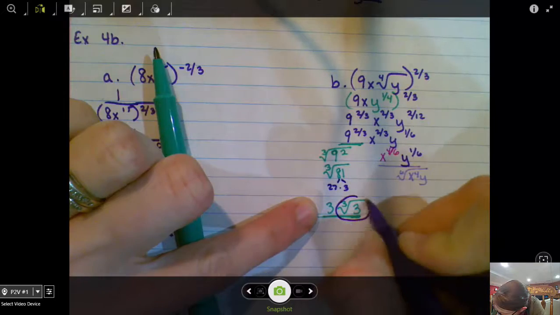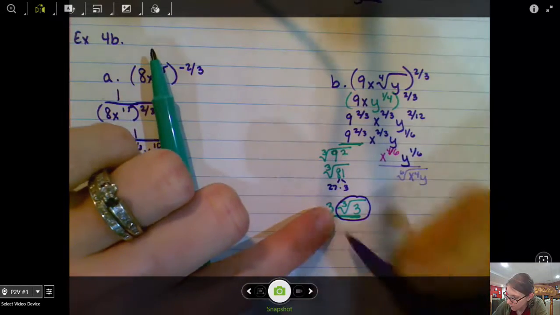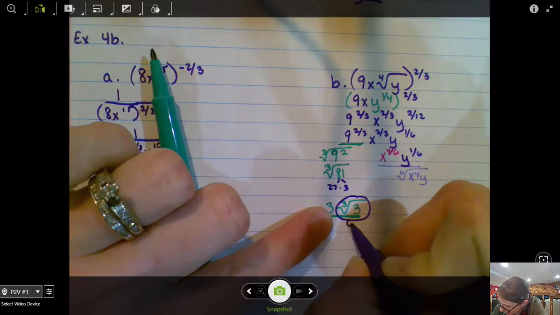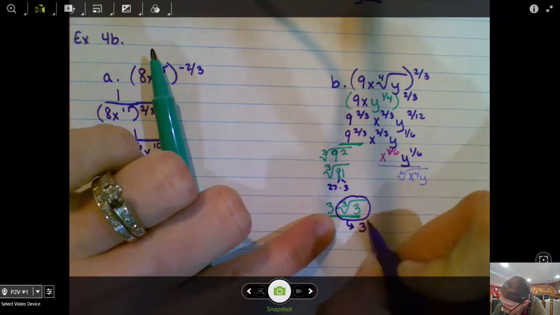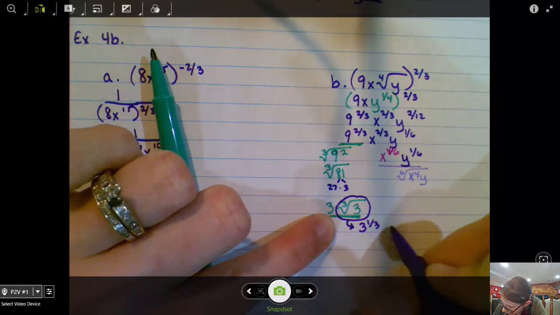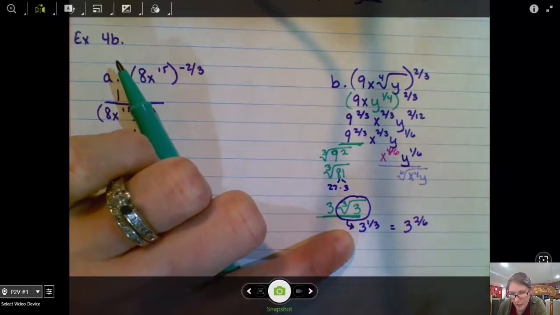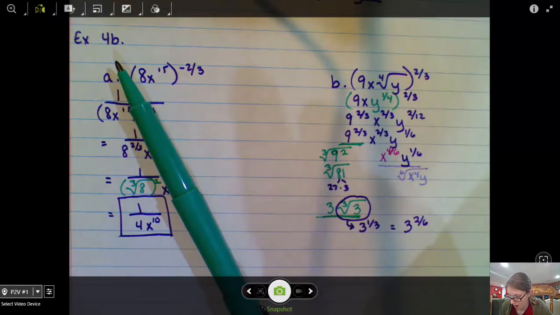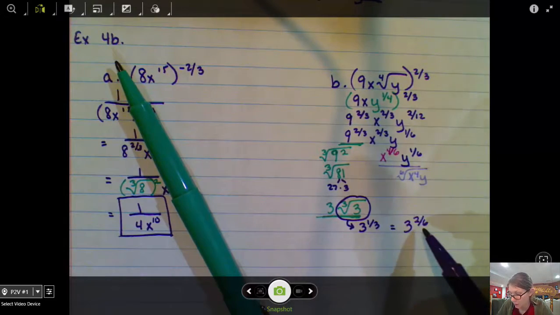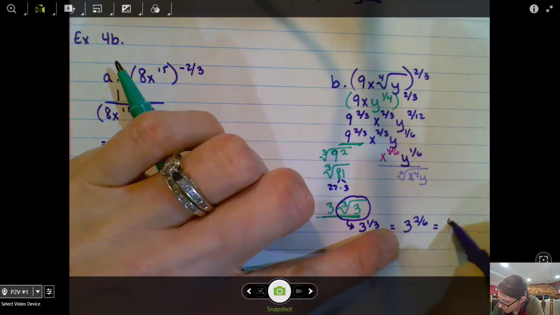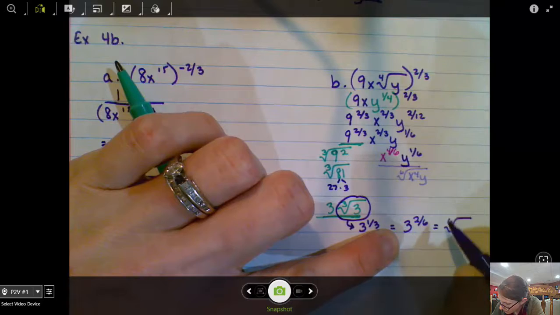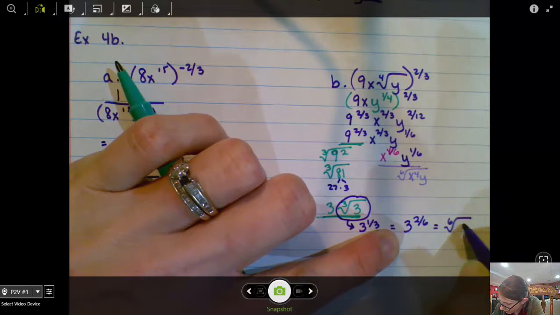I'm going to look at this cube root of 3 part here. If I change this back to a rational exponent, this is 3 to the 1/3 power, which we could make 3 to the 2/6, and that's okay too. And then that at least gives me the 6th root. So that's the 6th root of 3 squared, which is 9.